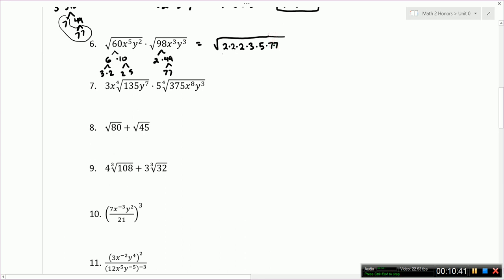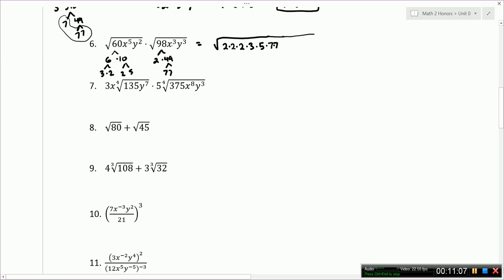So if I were to multiply 2 times 2 times 2 times 3 times 5 times 7 and get that answer, it would be an equivalent answer to multiplying 60 and 98 together. But now I can see the prime factors of whatever that product is without even knowing what the product is, and that's going to help me simplify the square root when I need to.